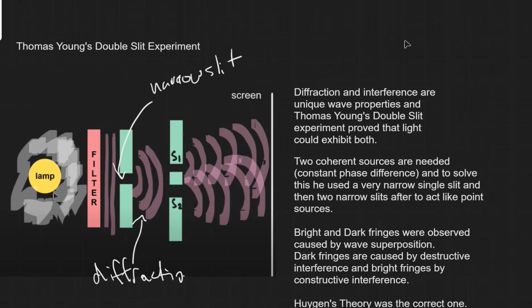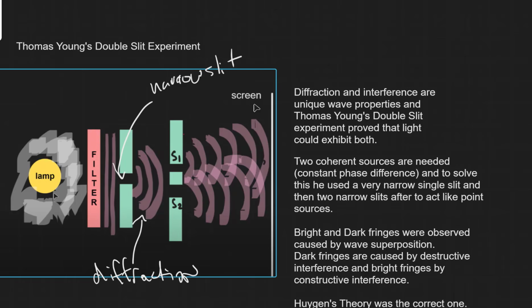So the way he did the experiment was to shine some bright light, and the diffraction would make the light appear as a single point source that will be diffracted, it will spread out, and it will go through two slits that will act as two independent sources which are coherent as well.